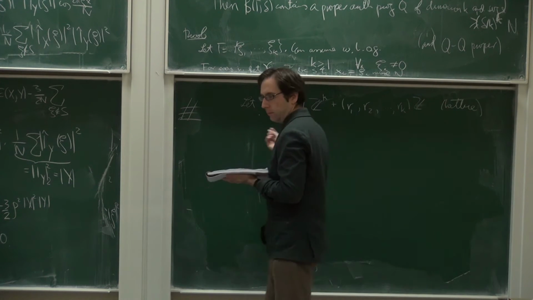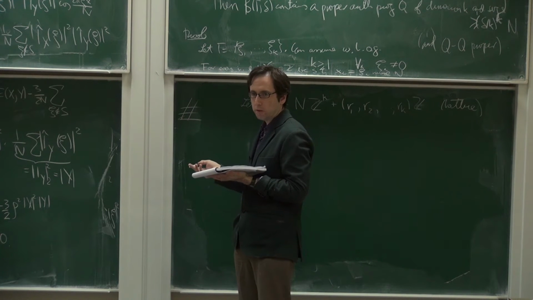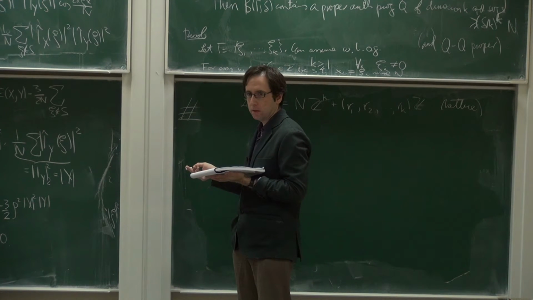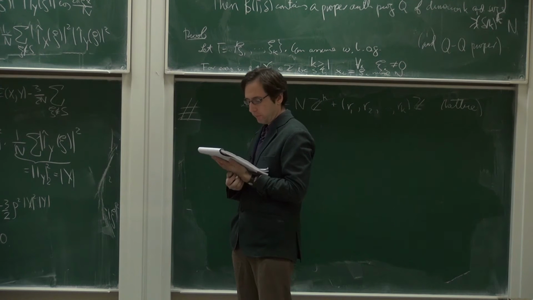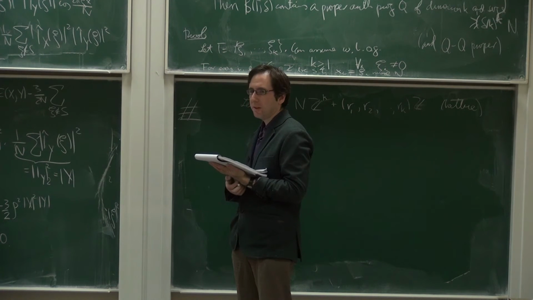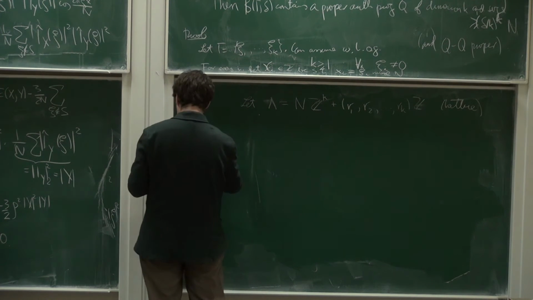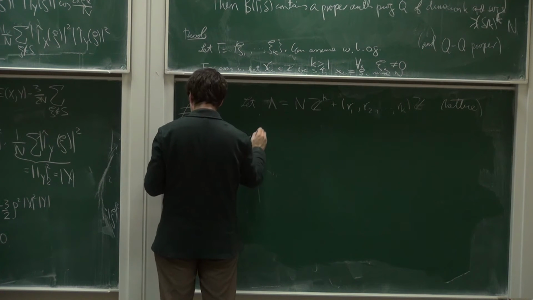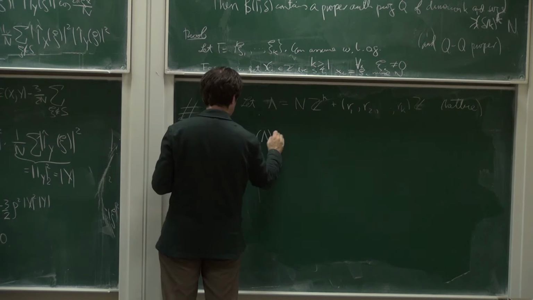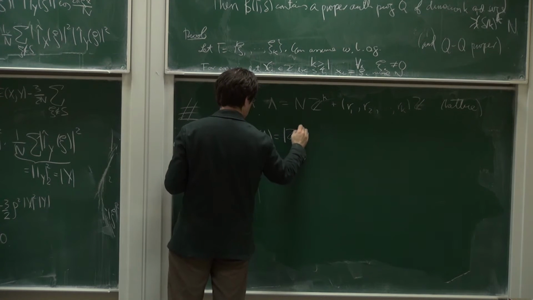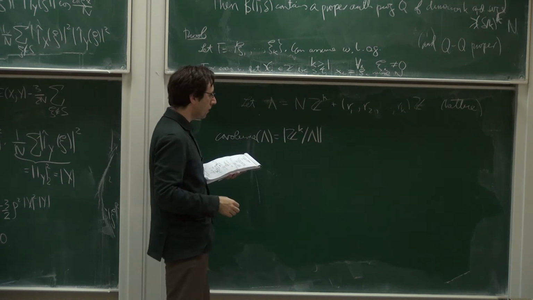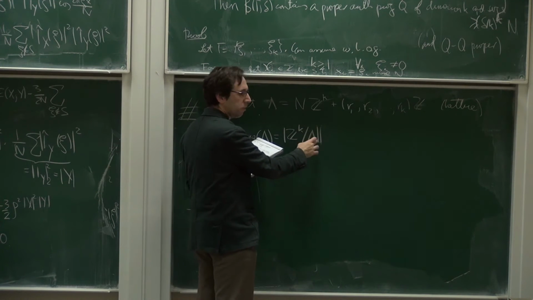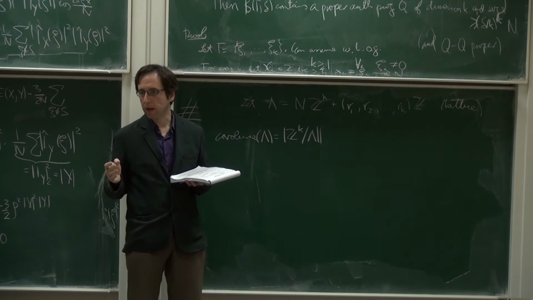So the covolume, everybody's comfortable with the covolume of a lattice? Okay, so let me write down what it is. In this case, the lattice is a subset of Z to the k, so the covolume thing is easy. It's just the size of the finite group Z to the k modulo lambda.